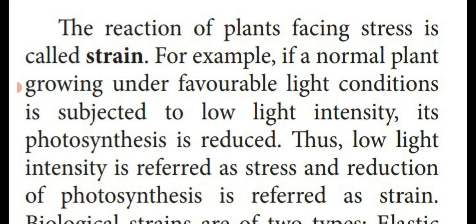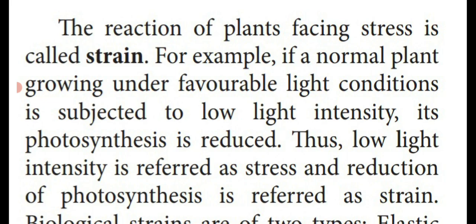For example, if a normal plant growing under a favorable light condition is subjected to low light intensity, the photosynthesis is reduced. Dear students, we already studied this in the regular classes. The concentration of light is also affecting the photosynthesis. High concentration and low concentration are also affected.